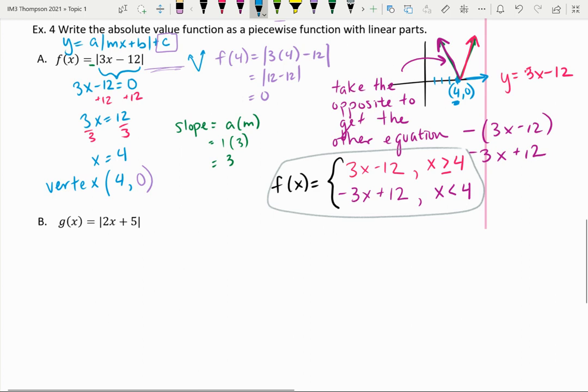All right. So I want to start off with coming up with some kind of a sketch of what this looks like to help me write the piecewise function. I'm going to do that by finding my vertex. So I set what's inside the absolute value equal to 0 and solve for x.